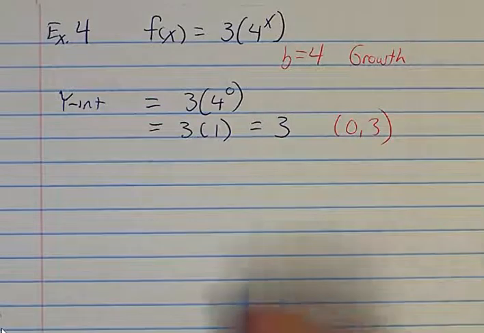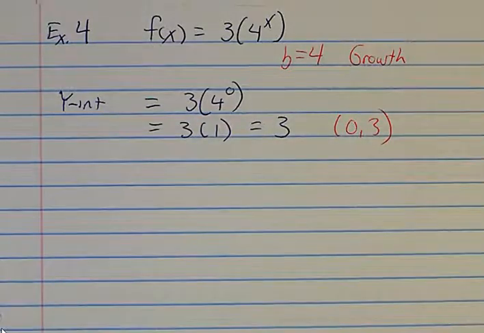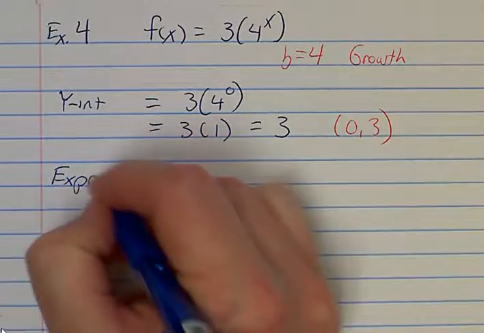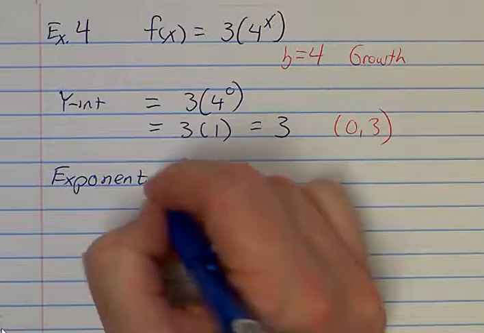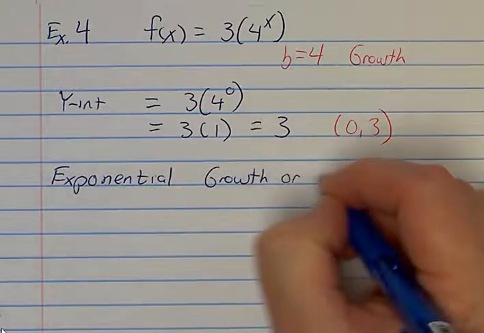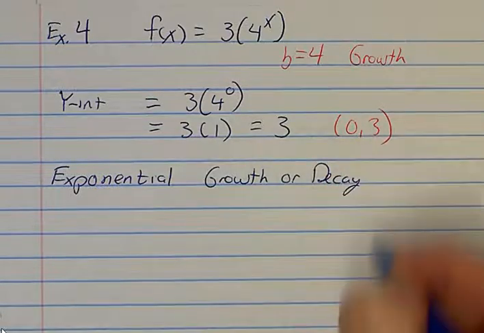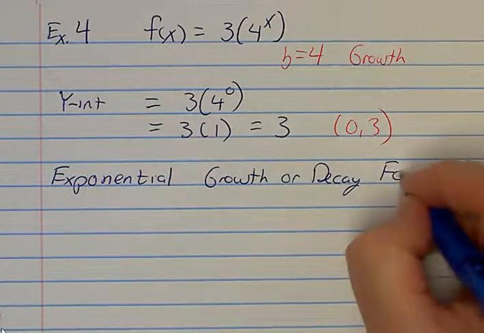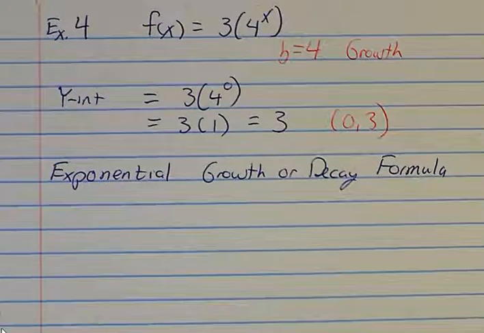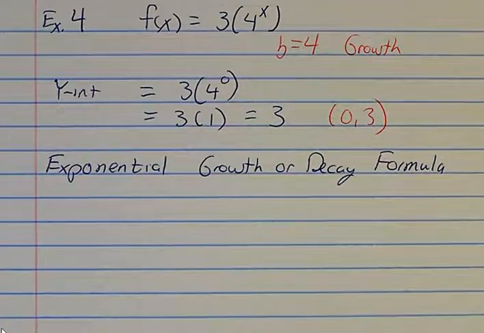And here's the one formula you have to kind of know that fits into all the different things we're going to do. And this one formula is the exponential growth or decay formula. And again, it's the same formula. If the base is bigger than 1, it makes it grow.